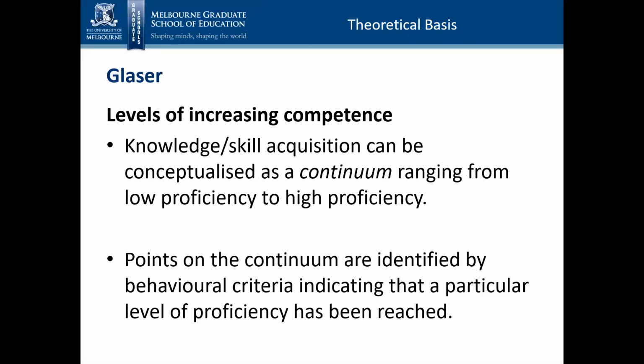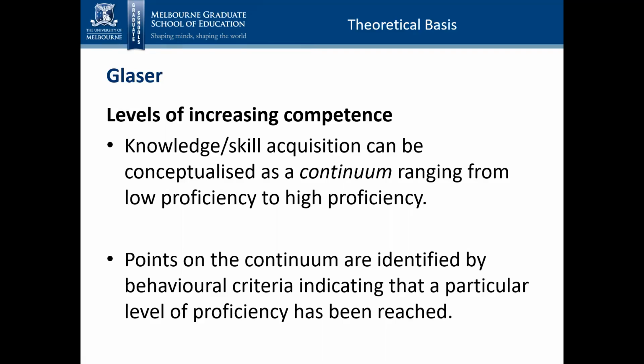The term levels of increasing competence comes from Glaser. Glaser noticed that skill and knowledge acquisition was a continuum ranging from low proficiency to high proficiency, rather than a state of having knowledge or not having knowledge, having skill or not having skill.